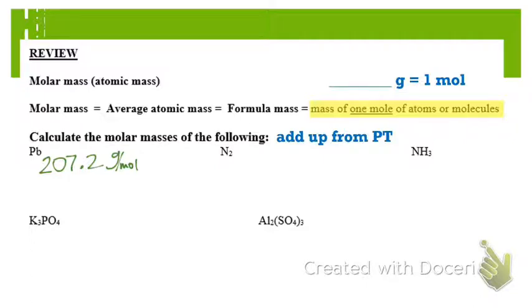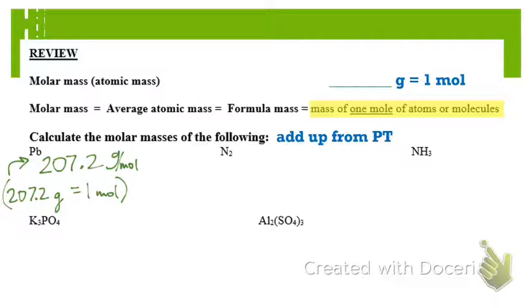Now, yes, I can pull this apart and say that 207.2 grams of lead is equal to 1 mole of lead and turn it into that equation form. But if I ask you just for the number, then we don't need to have those as separate halves of this equation. So, number from the periodic table.